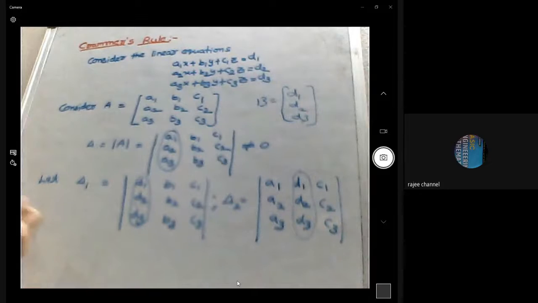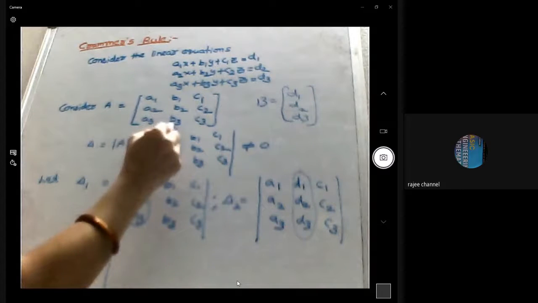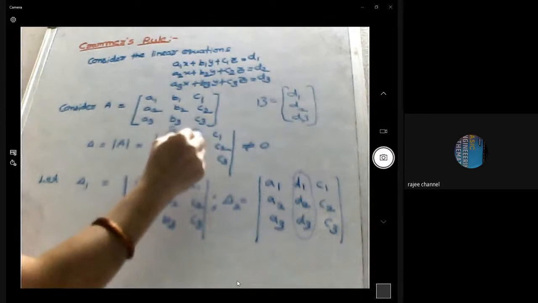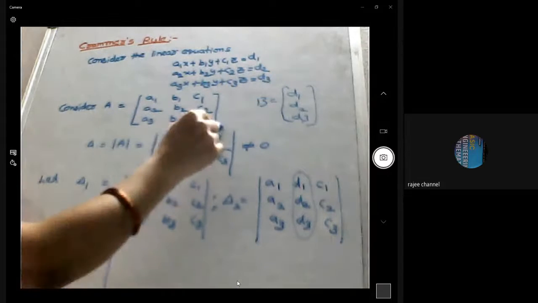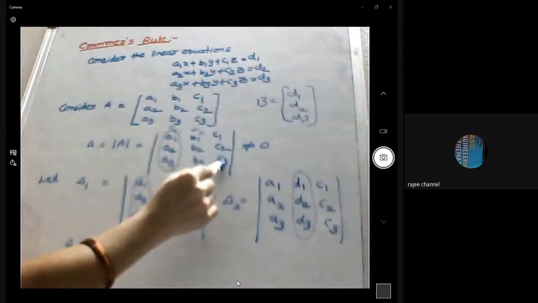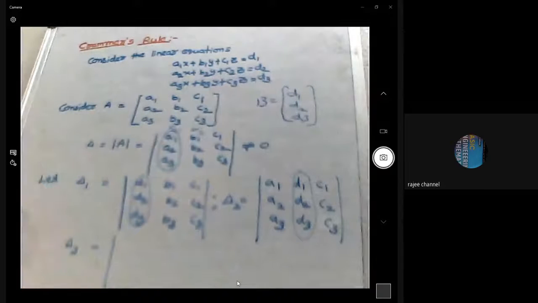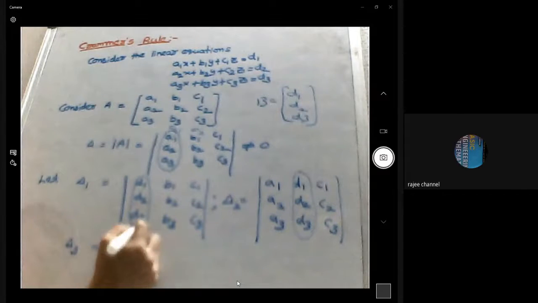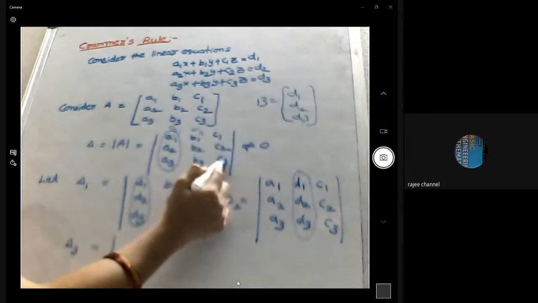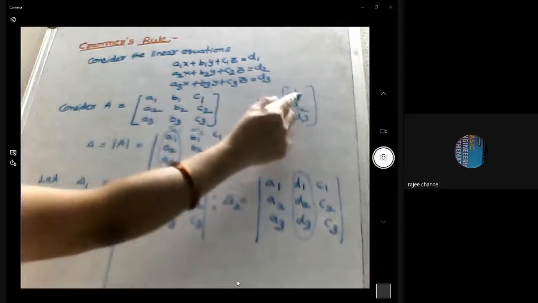Okay. So next, let me take delta 3. Here the first column is taken as is, the second column is taken as is, and the third column c1, c2, c3 is replaced by the constants d1, d2, d3. Delta 3 is obtained by replacing the third column of delta by d1, d2, d3.